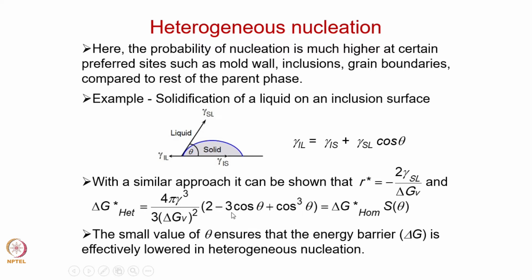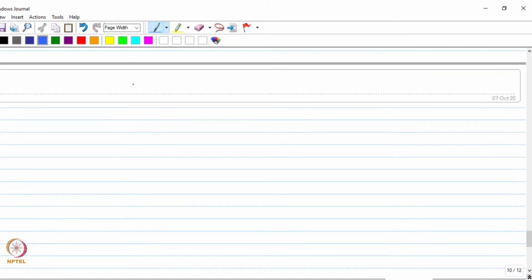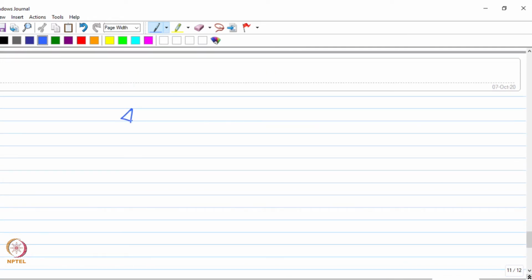In the case of homogeneous nucleation, the critical free energy change is given by the surface energy and the volume free energy change. But in the case of heterogeneous nucleation, there will be an additional term in the form of the contact angle.